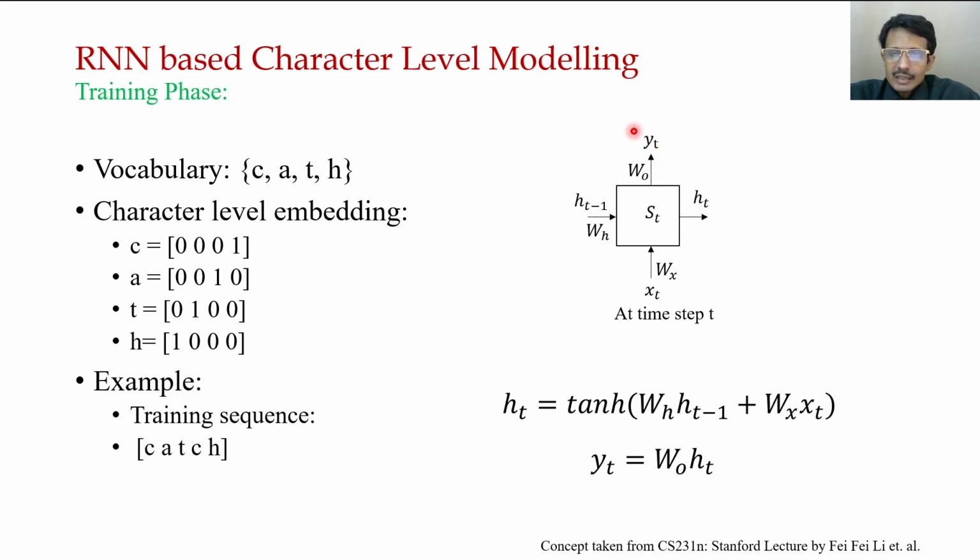Okay, now this is one state or one time instance of an RNN, and you can see XT is coming in through WX.